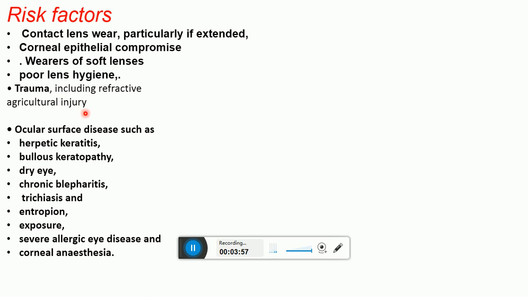Next risk factor is ocular surface disease, such as herpetic keratitis, bullous keratopathy, dry eye, chronic blepharitis, trichiasis, entropion, exposure, severe allergic eye disease, corneal anesthesia.